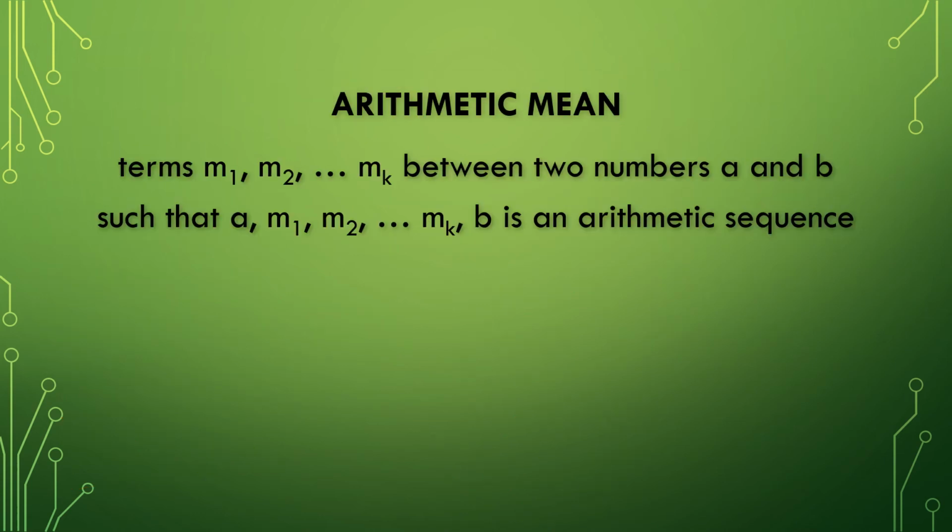Now, let us discuss arithmetic mean. Arithmetic means are terms m sub 1, m sub 2, up to m sub k between two numbers a and b, such that a, m sub 1, m sub 2, up to m sub k, b is an arithmetic sequence. Suppose we have 5 terms, a sub 1, a sub 2, a sub 3, a sub 4, and a sub 5.